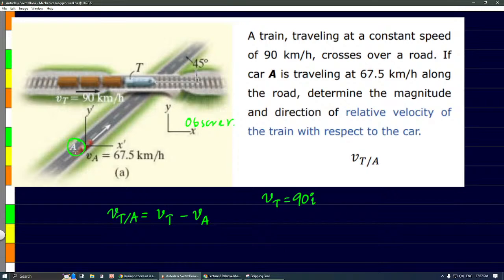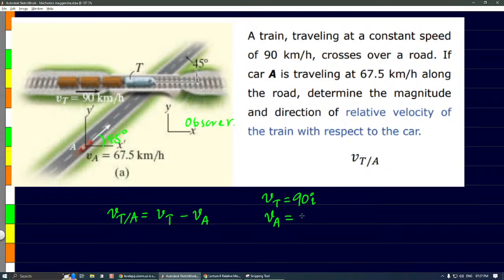But the car A is moving at an inclination, right? This angle is 45 degrees. So the velocity of A will have some value in the x direction and some value in the y direction.